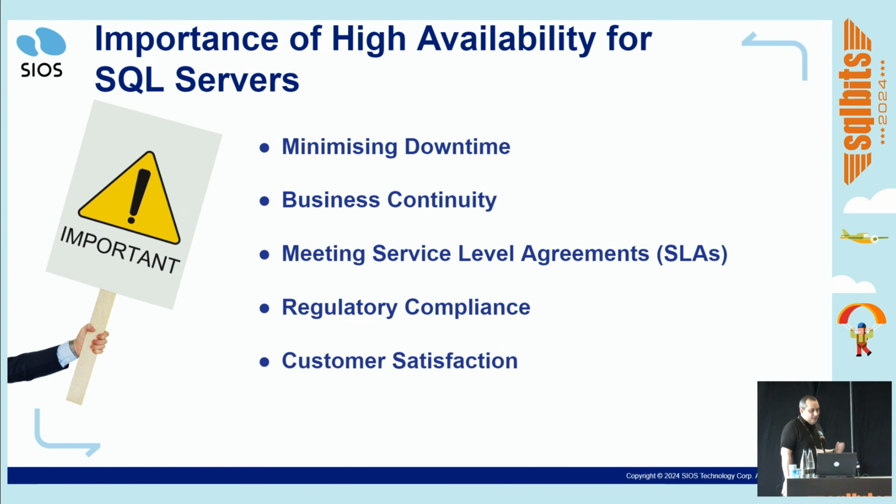Having uninterrupted access to your data and applications by providing HA contributes to your customer satisfaction level. And I think that for any business that provides a service, such as e-commerce platforms, you're going to want to build trust with your customers and help retain customers. So having uptime and a service that actually works is very, very important to that as well.